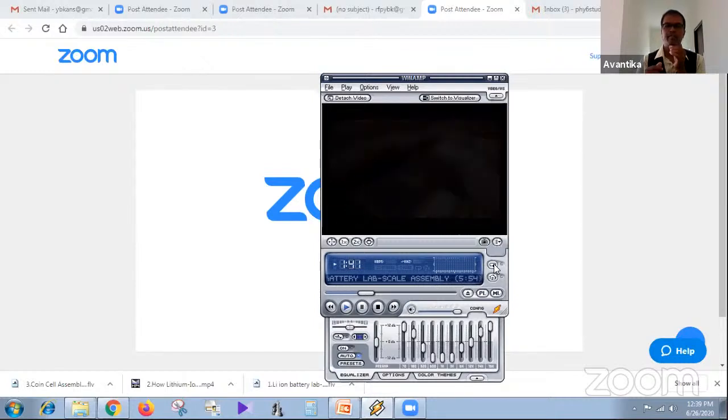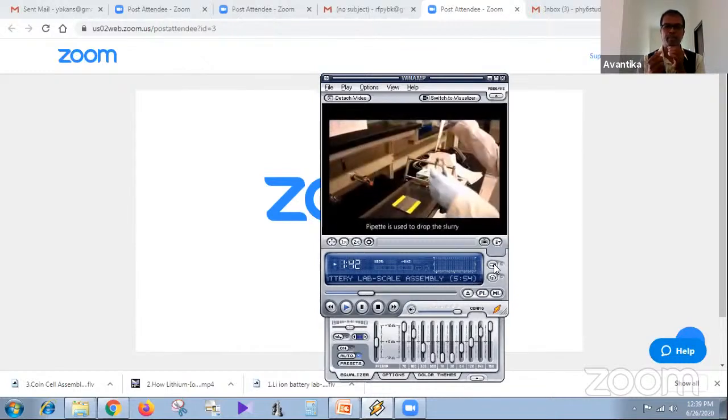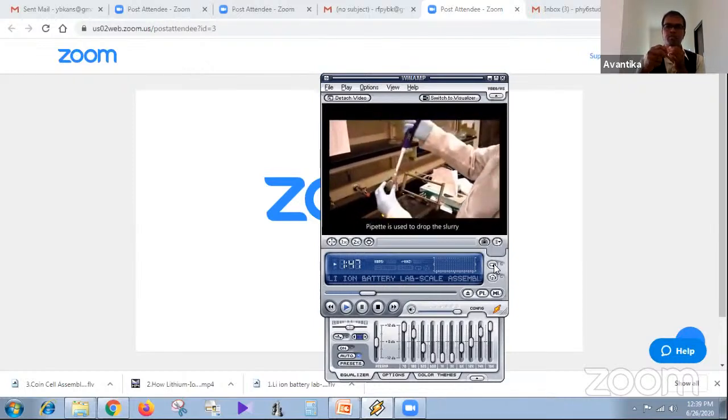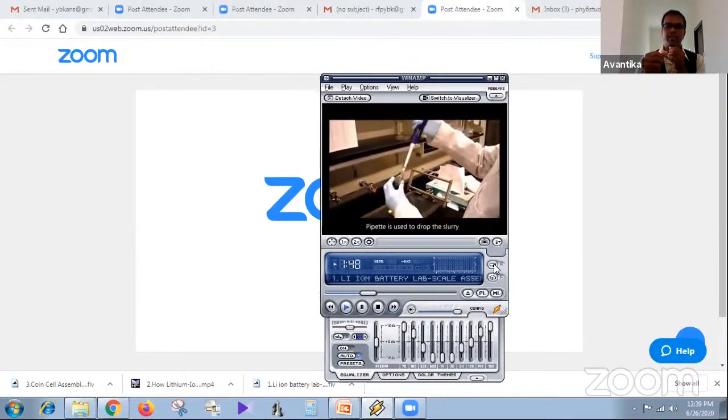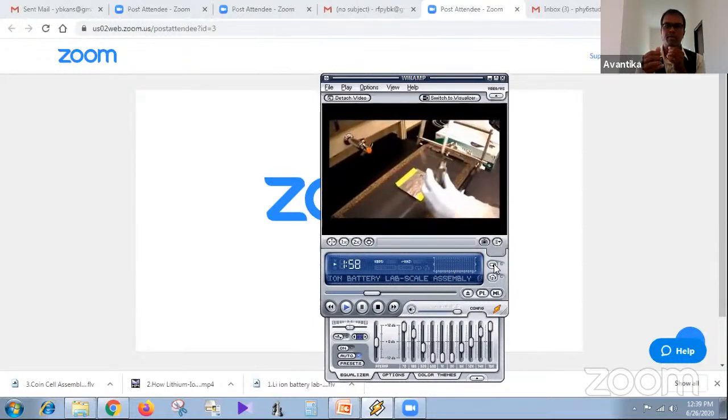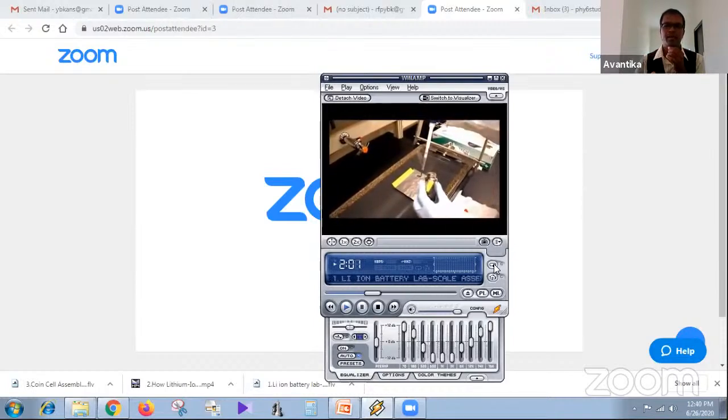So now we have to drop our prepared sample. You can see that one. We already mixed it with the electrolyte, and it is in that slurry form. So we have to drop it on the aluminum foil.